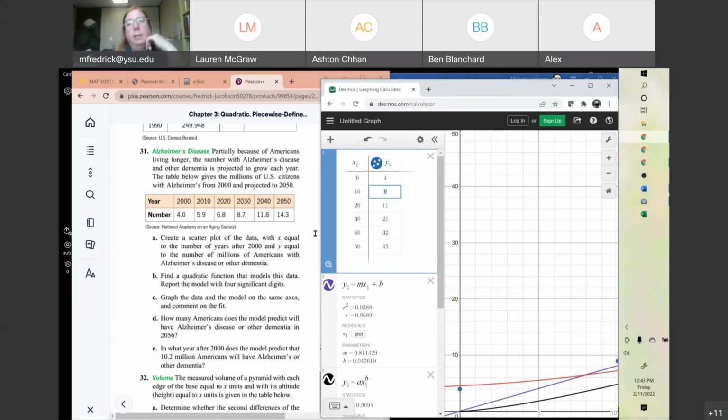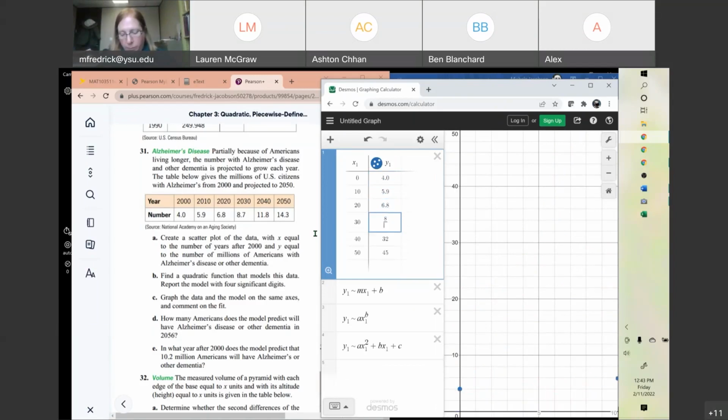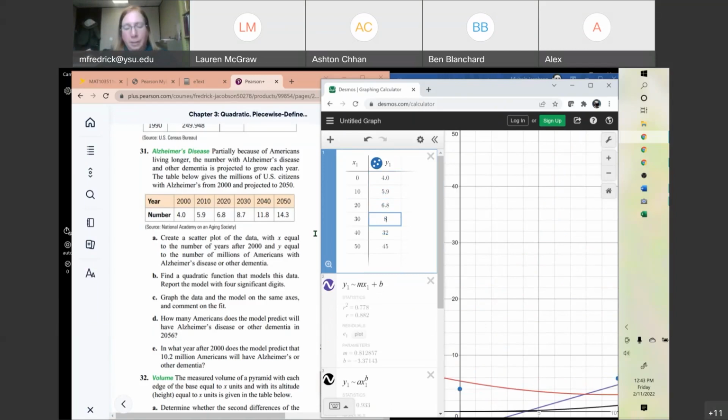And then on the other side, we put millions. So this is in millions. 4.0, 5.9, 6.8, 8.7, 11.8, and 14.3.